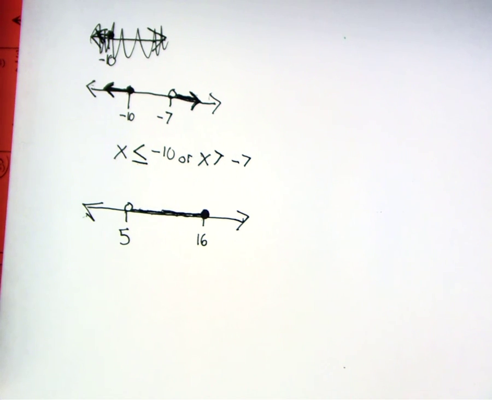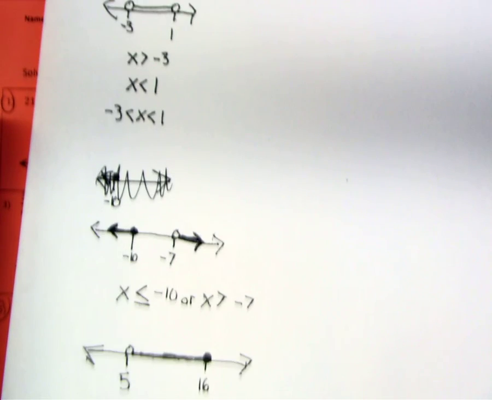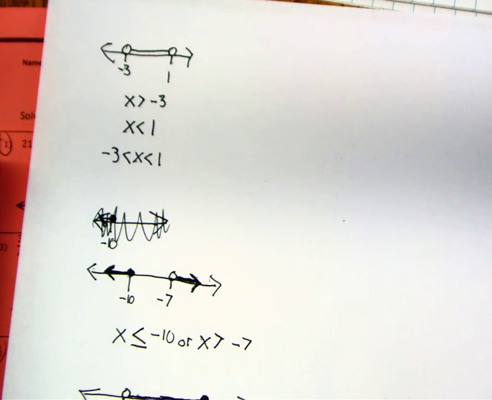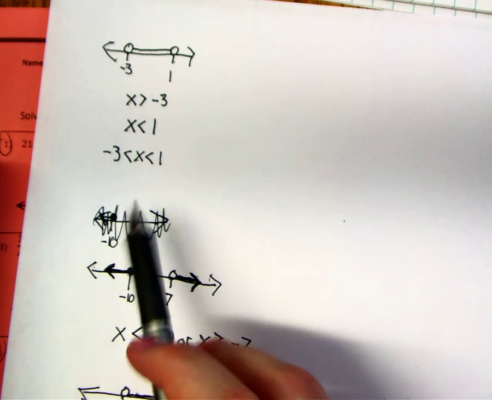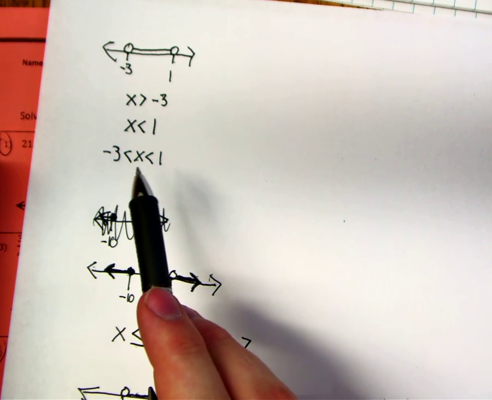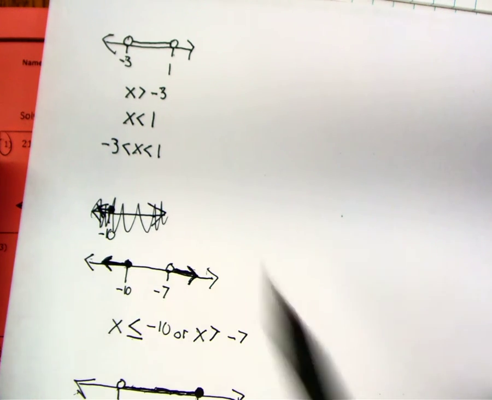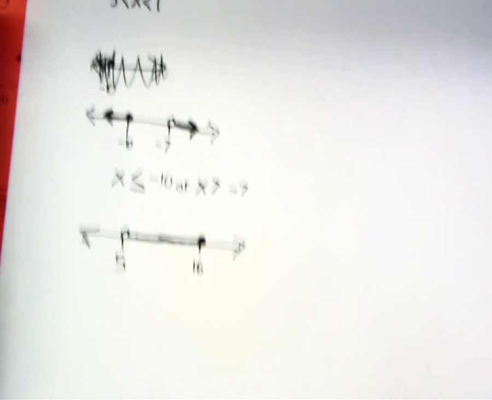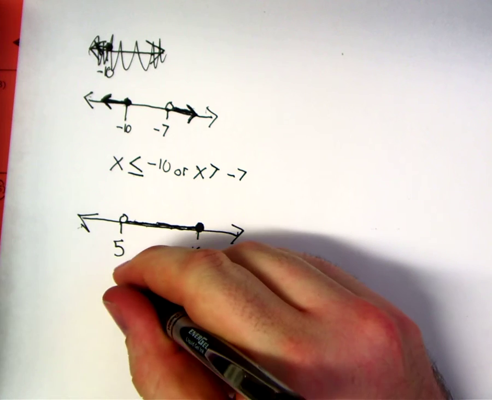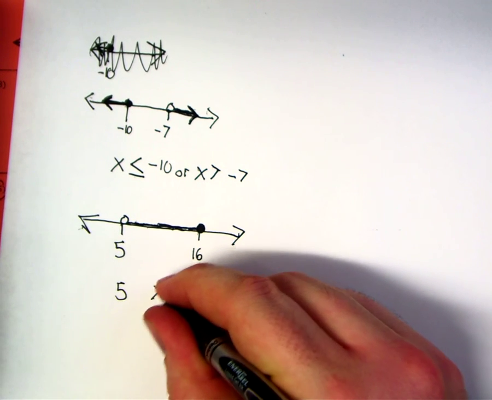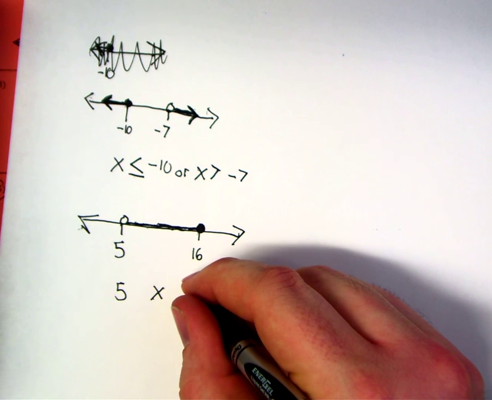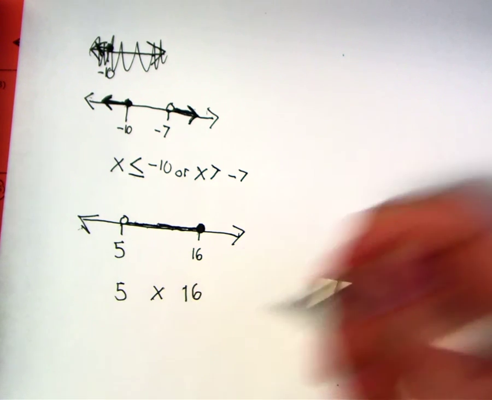And let's make a quick strategy for when we have AND inequalities. Notice that if we put the smaller number first, so up here we have the smaller number here, x in the middle, and then the bigger number on the other side. We write smaller number here, 5, x there, and 16, give ourselves some space.